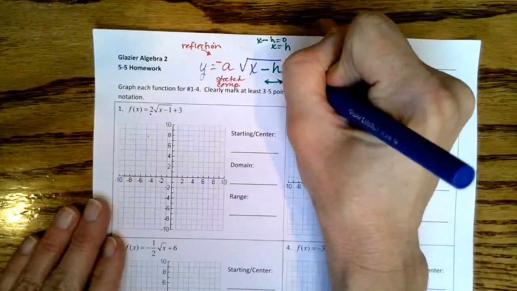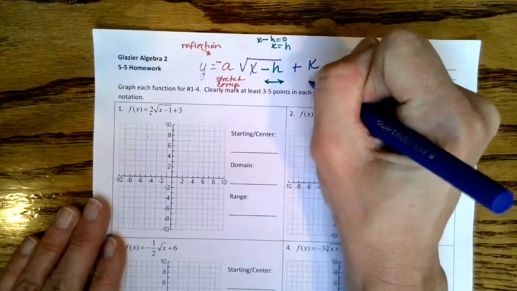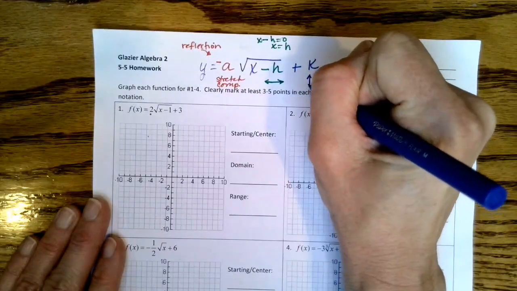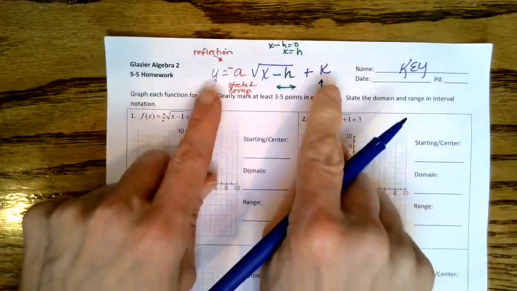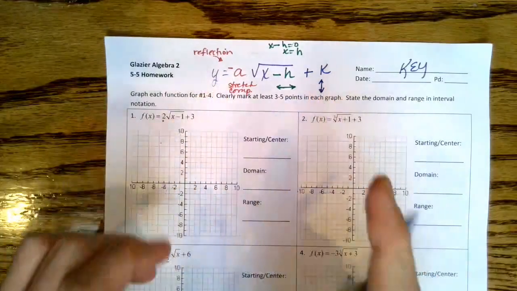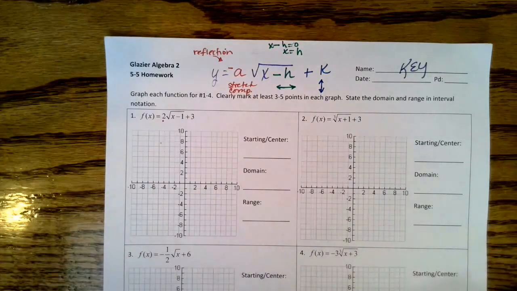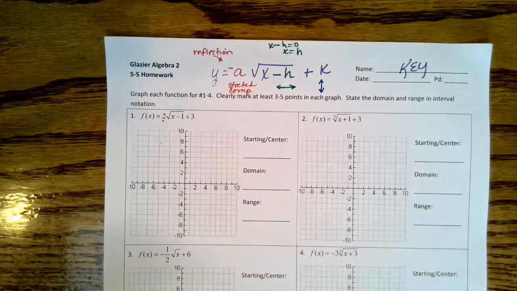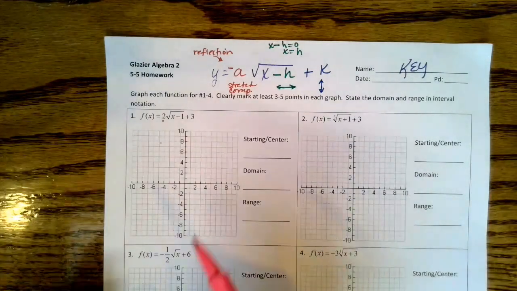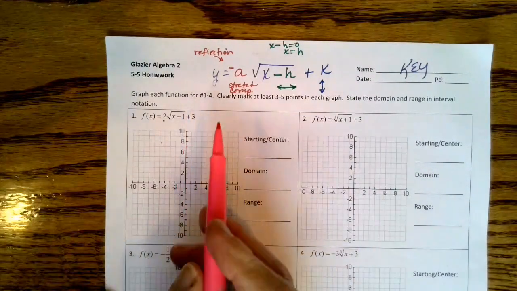And then we have our plus or minus k, and remember, this is our vertical shift, and of course y is equal to k. They're on opposite sides of that equal sign, so that's clear to see. All right, so when I go to graph these, my starting point is always going to be determined by these values here.